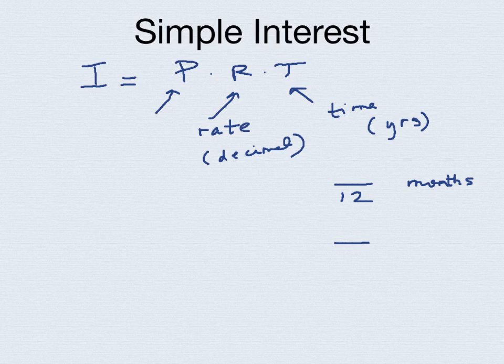If your time happens to be in weeks, you're going to have to make a conversion, dividing it by 52 weeks in a year. If the time happens to be given to you in days, there's 365 days in a year. And assume that, unless you're told it's a leap year, there'd be one more.